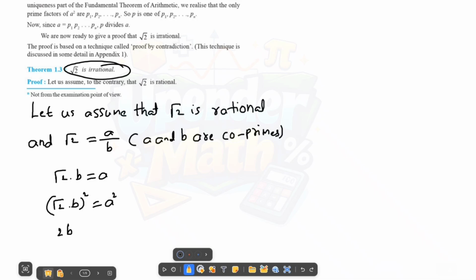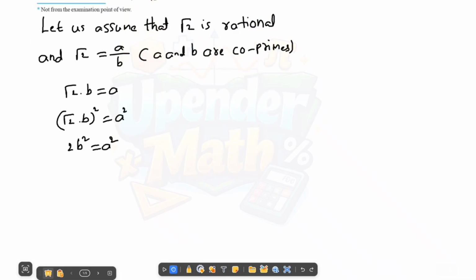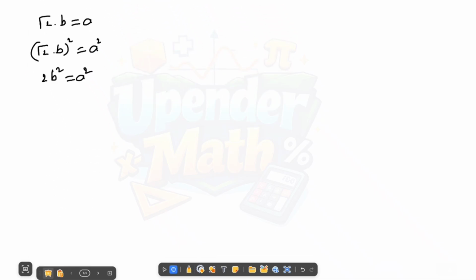So 2b square is equal to a square. Now send 2 to the right side. Now the equation becomes b square is equal to a square by 2.